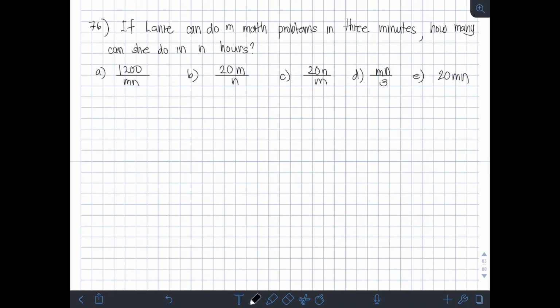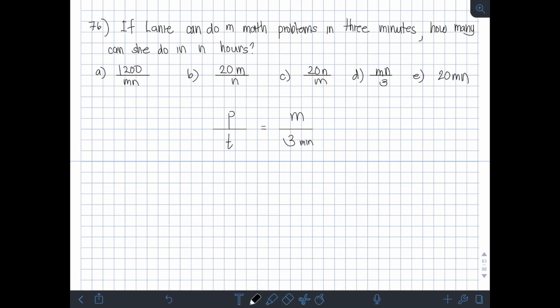Okay? Next, we have, if Lani can do M math problems in 3 minutes, how many can she do in N hours? Okay, so this is just like a ratio and proportion. Let's have the ratio of the number of math problems over the time it takes to solve them. So, let's say P is the number of math problems and then over T, the time it takes to solve them. So, the ratio of Lani is, she can solve M math problems in 3 minutes.